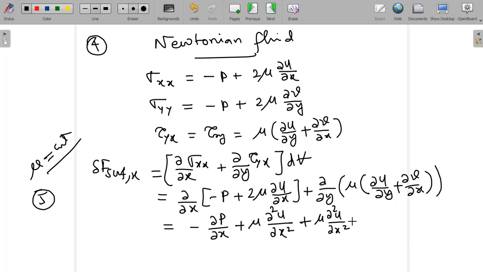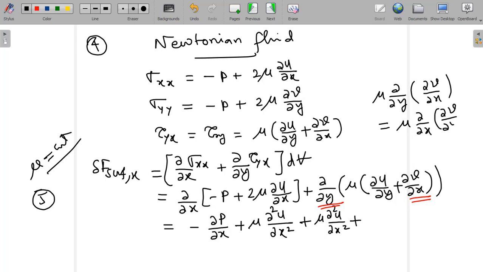Okay, and what else? You can write here that this term and this term, if you club them, this is basically del del y, if you just take mu out, of del v del x. And that you can also write the same as del del x of del v del y, provided second order continuity is there, you can always write this.